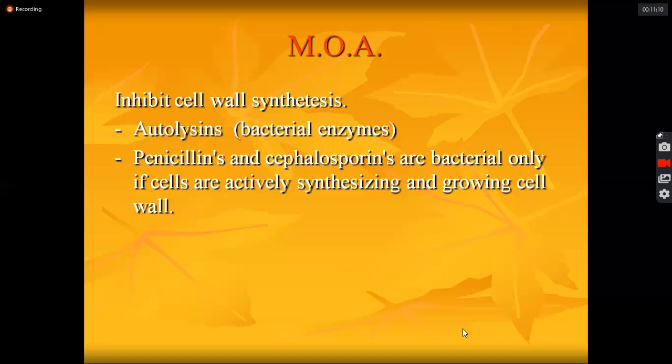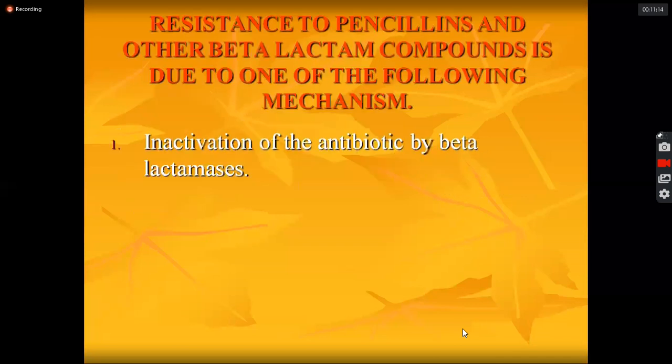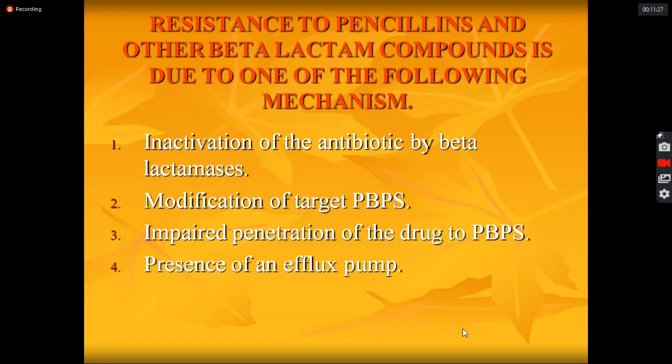Now, let's see why sometimes the drug is given, like penicillins, and no response is seen. The same goes for the other beta-lactam compounds. What is the reason for the drugs being resisted and the patient not responding to these drugs? There are certain common mechanisms.